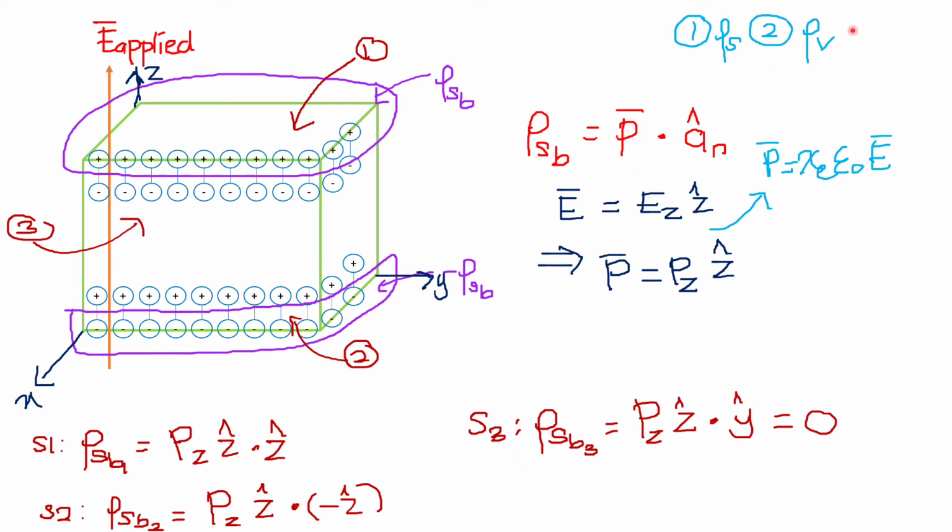Then let's take a look at the rho V. Rho V will be inside this material. So this one is our rho V, and we are going to name it the bounded volume charge. To analyze this, we will use the divergence theorem, with the negative in front. So this will be the equation to analyze rho VB.